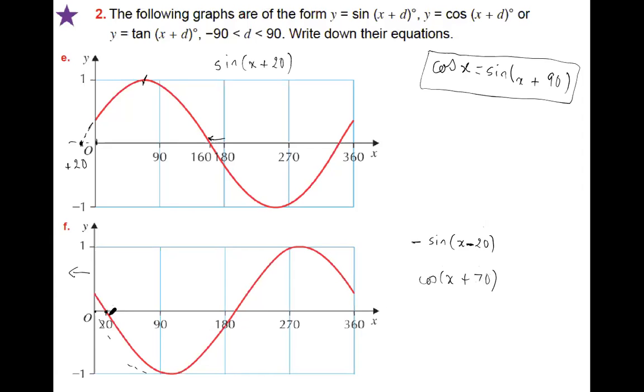Cos 90 is 0, so that's why I'm cutting at 0. And if I put 20 here, 20 minus 20 is 0, and you would get a 0 as well. So you can see that if I put 20 here or here, I would get the same value. And that's why these two are exactly the same. So if I give this as an exam and someone gives me that answer or that answer, both should be correct.